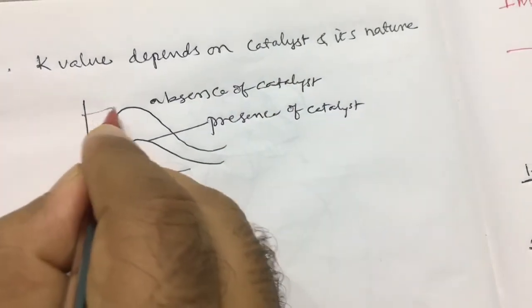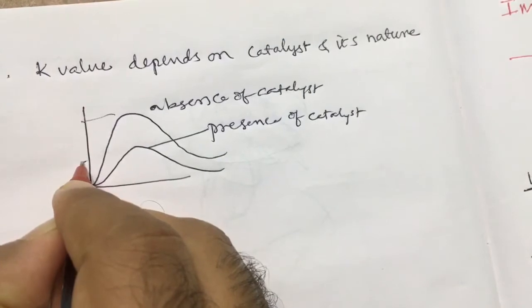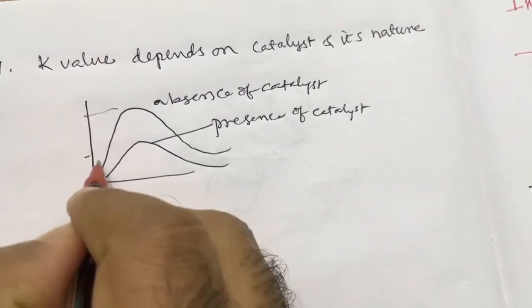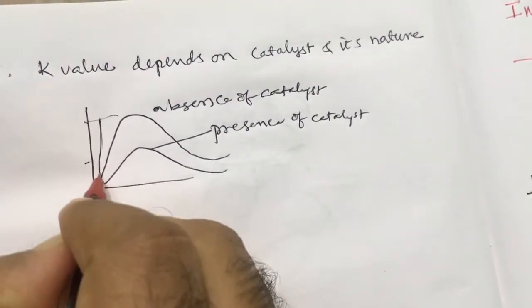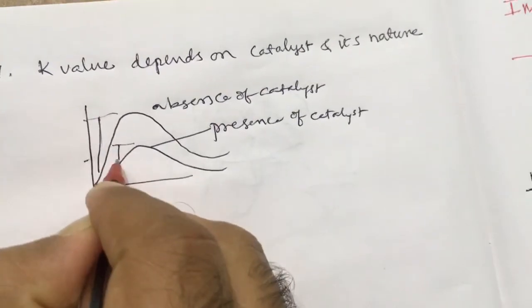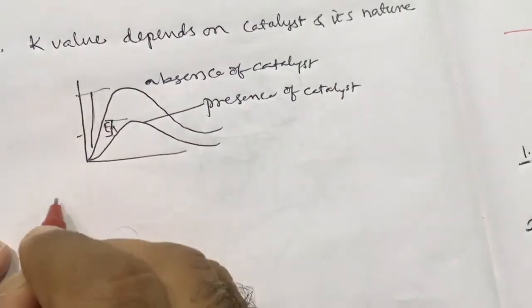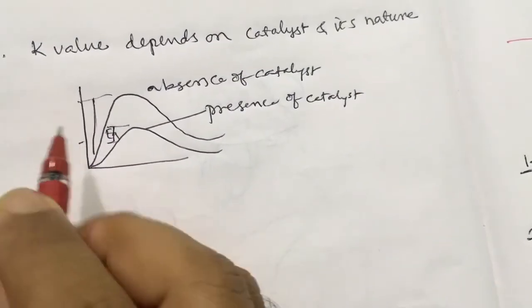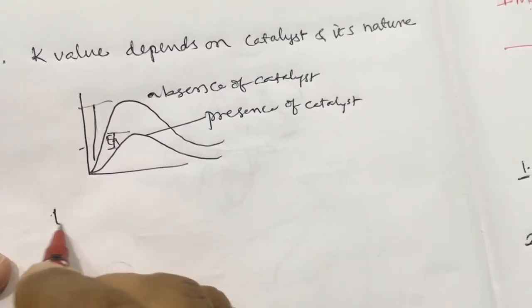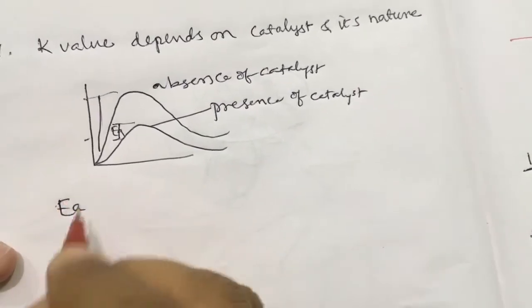If you observe, this is the activation energy. The activation energy is greater here and less here. So the activation energy decreases. This is the Ea value.